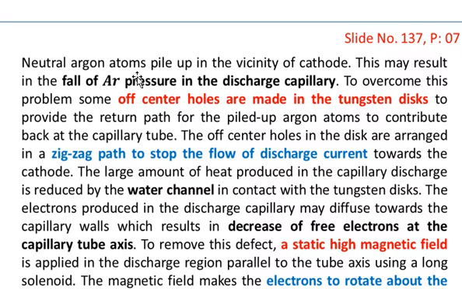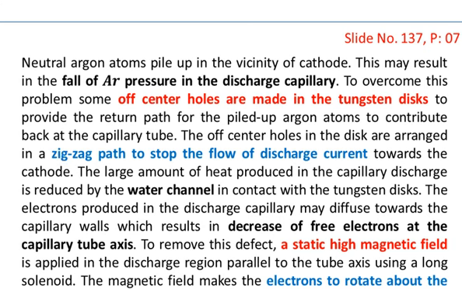Neutral argon atoms pile up in the vicinity of the cathode. This may result in the fall of argon pressure in the discharge capillary. To overcome this problem, some off-center holes are made in the tungsten disc to provide the return path for the build-up of argon atoms to contribute back at the capillary tube.